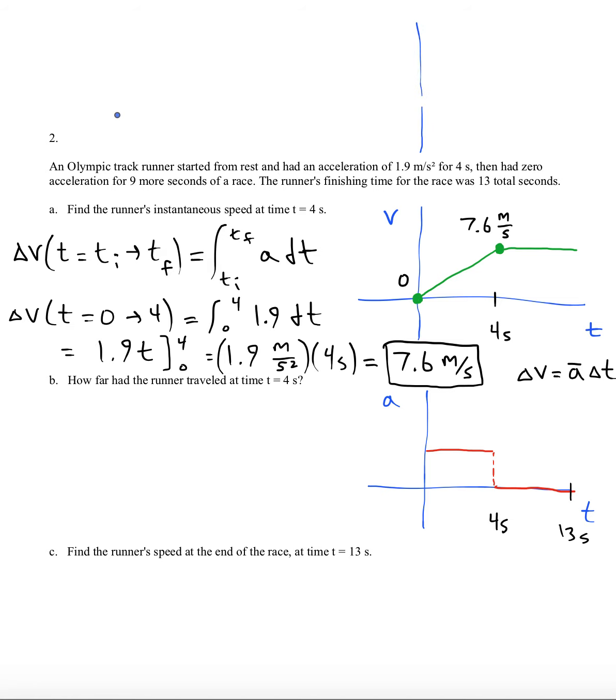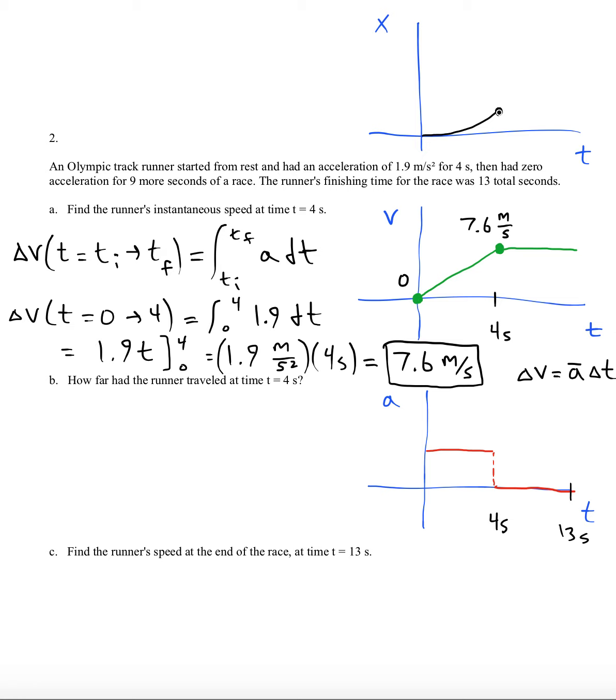Let's create a graph of the position versus time. Now, when the velocity is linear and slanted like that, it's going to create a parabola in the position versus time graph. Because there's acceleration, there should be a curved position versus time graph.